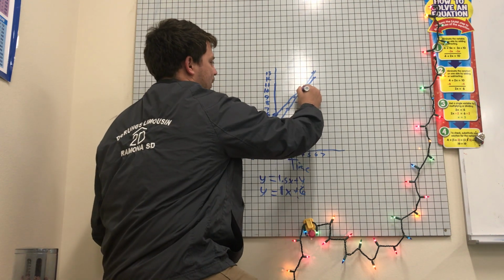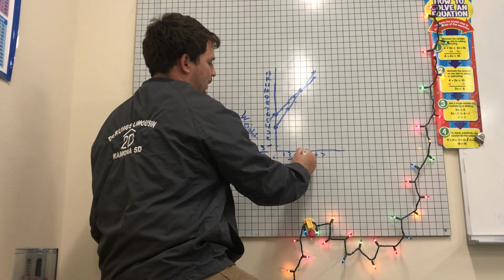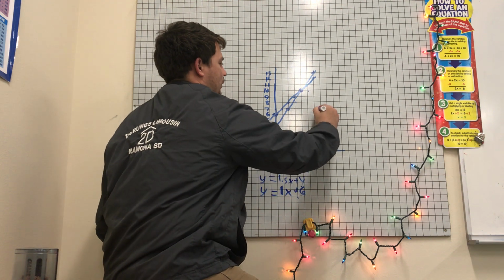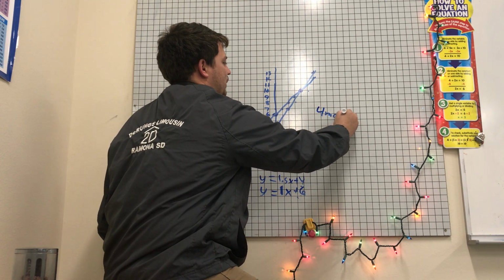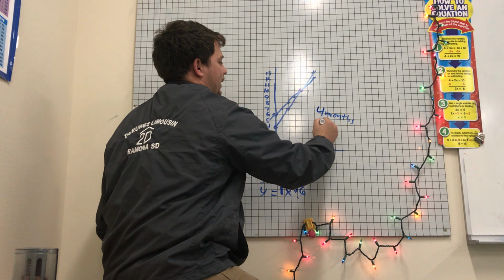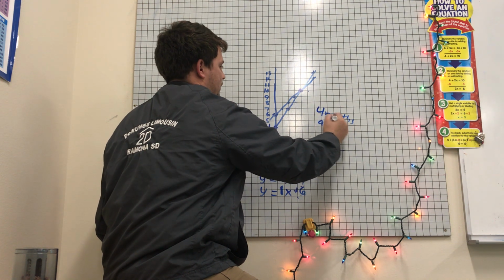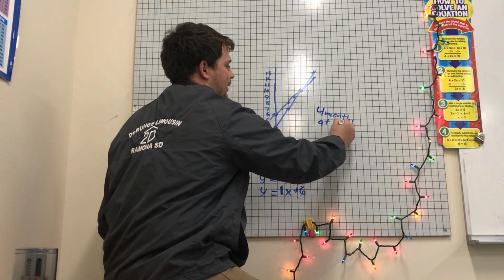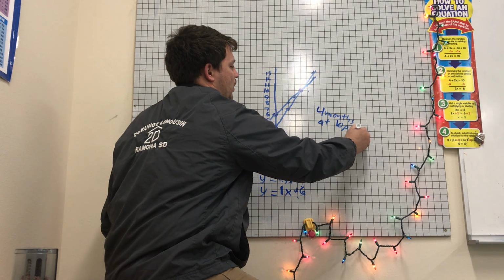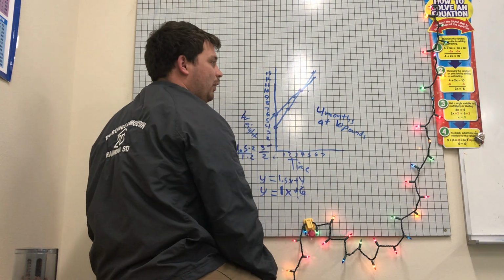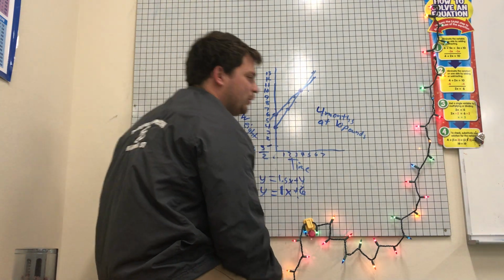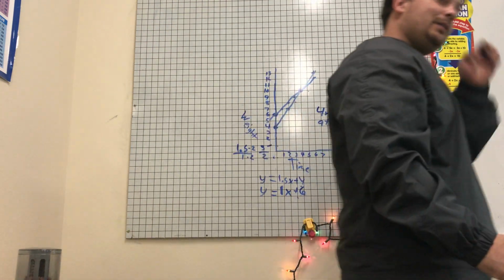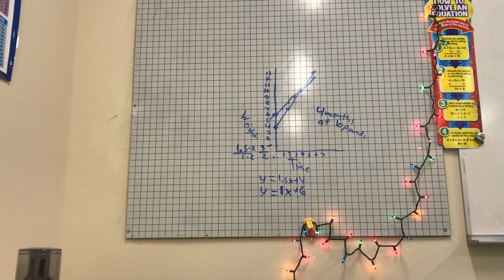So right here, if you look at it, at month 4, 4 months they will weigh the same. At 13 pounds. No, 10 pounds, my bad. At 10 pounds. Sometimes you need to read your graph. I, for some reason, had 13 stuck in my head. Okay, so that would be that one.